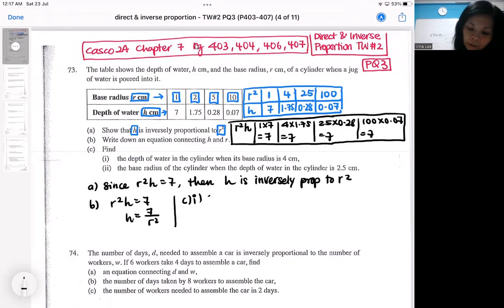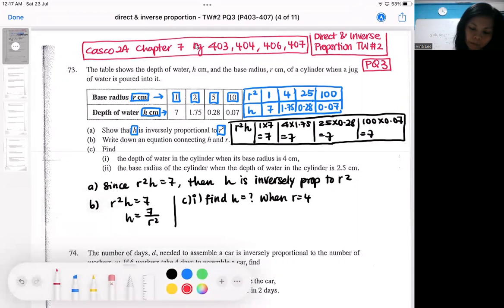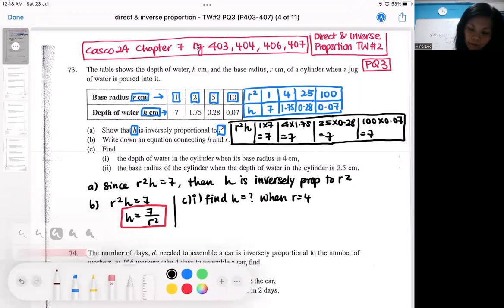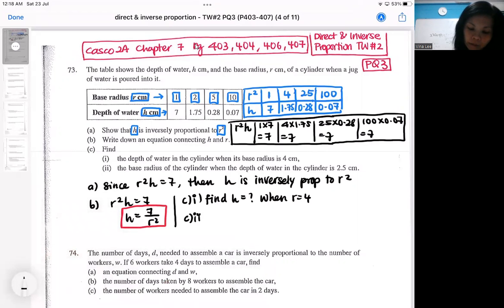Part 1: find out the depth when the radius is 4. So you use that equation and substitute in R equal to 4. Let's see part 2, same thing.